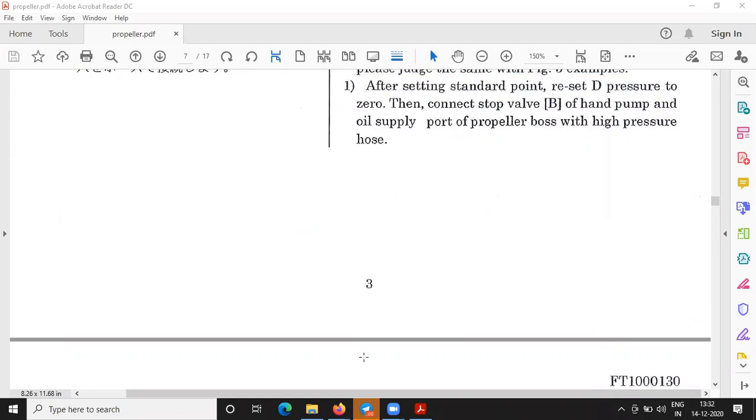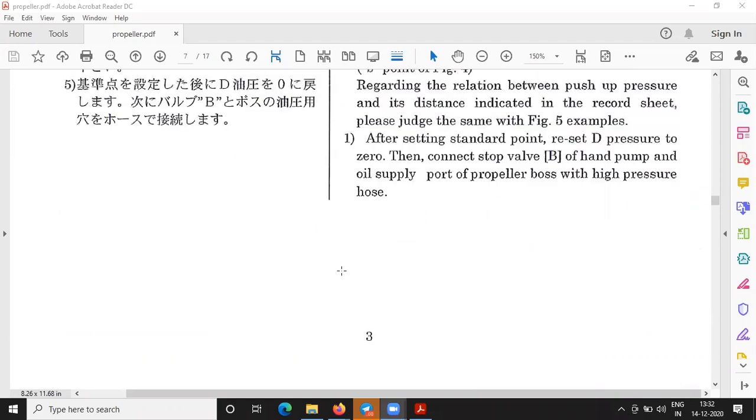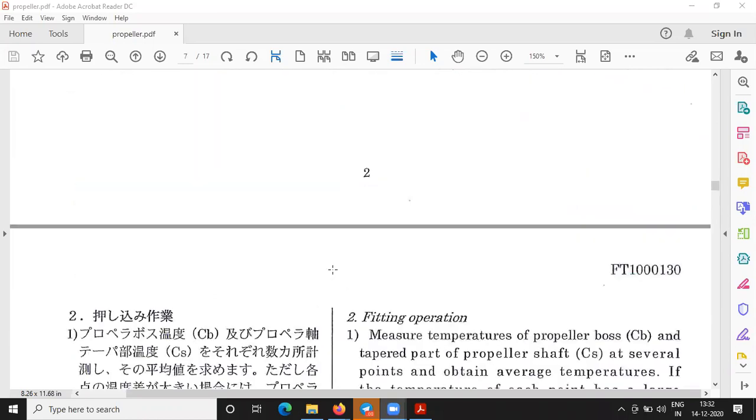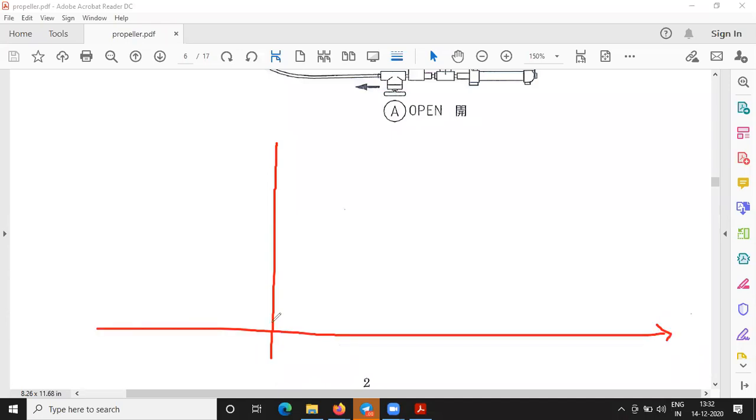Okay. Now I'll explain how we plot this graph. Here I have open space. The Y-axis is push-up pressure. On the x-axis we have push-up distance.